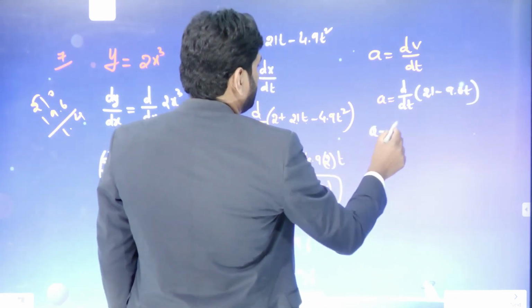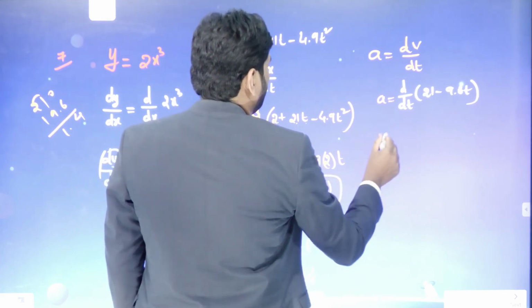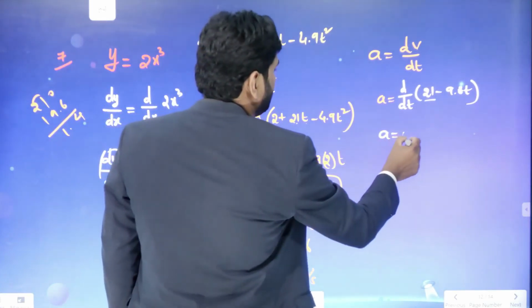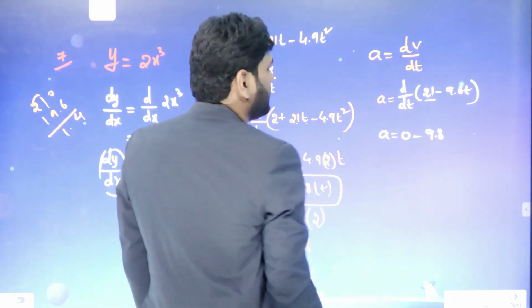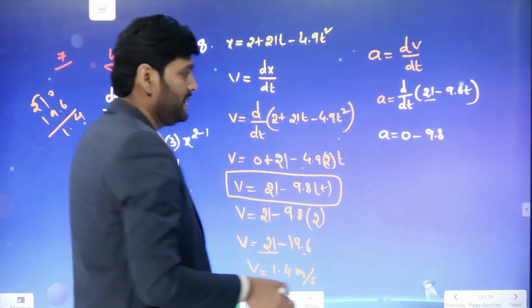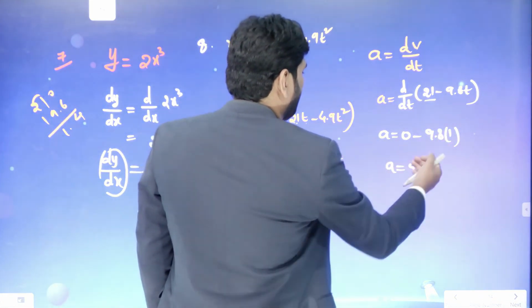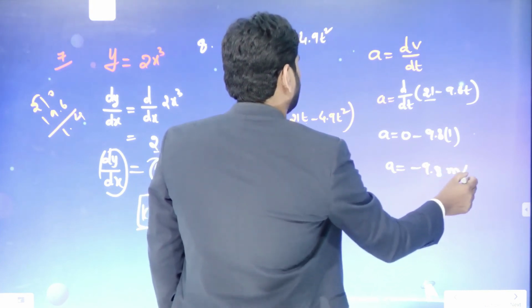So a is equal to d by dt of this. The differentiation of 21, a constant, is 0, minus 9.8 into the differentiation of t, which is 1. So finally you have the acceleration as minus 9.8 meter per second square.